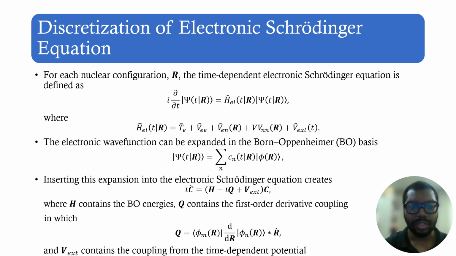We determined that this electronic wave function can be expanded in the Born-Oppenheimer basis as follows, which is a sum of vectors and Born-Oppenheimer states. Inserting this expansion into the electronic Schrodinger equation provides us with this matrix discretization, which is basically a propagation of an amplitude vector we define as C, in which the propagation comprises the following parameters below.